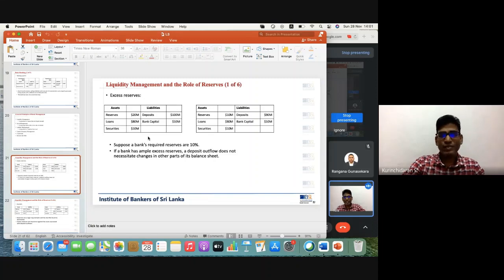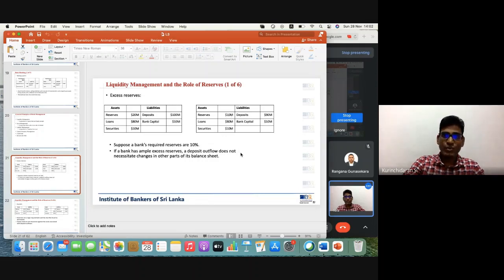Now let's assume one customer writes a check for 10 million and withdraws the money. Then what will happen? Definitely your deposits will go down by 10 million, and at the same time your reserves will go down by 10 million.